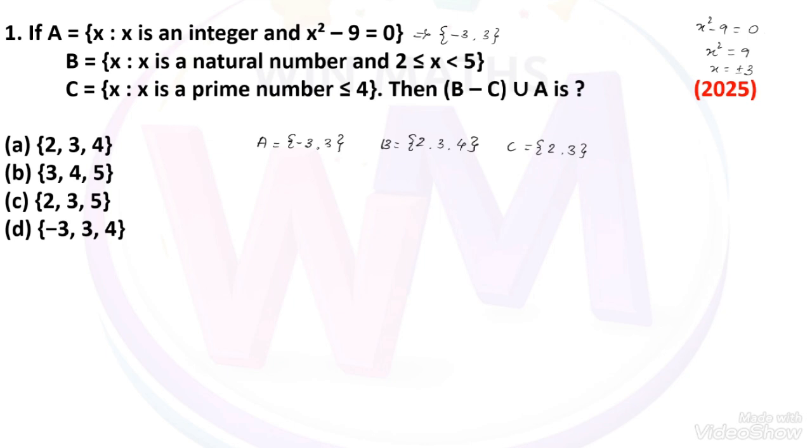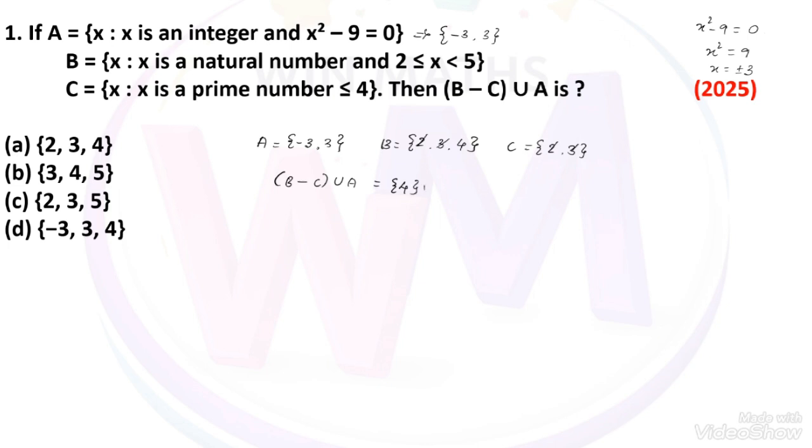Now our actual question is (B minus C) union A. First we have to write B minus C. B minus C means the elements present only in B. So while writing B minus C, first cancel or neglect the common elements between the two sets. What are those? 2, 3. The element present in B only is 4.